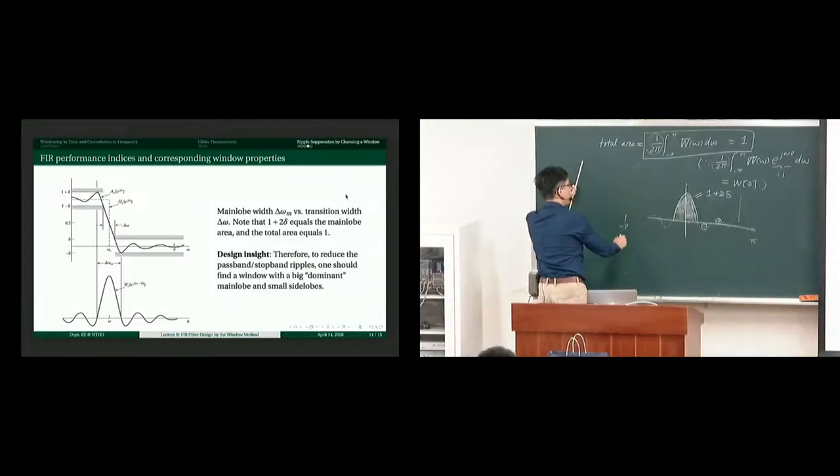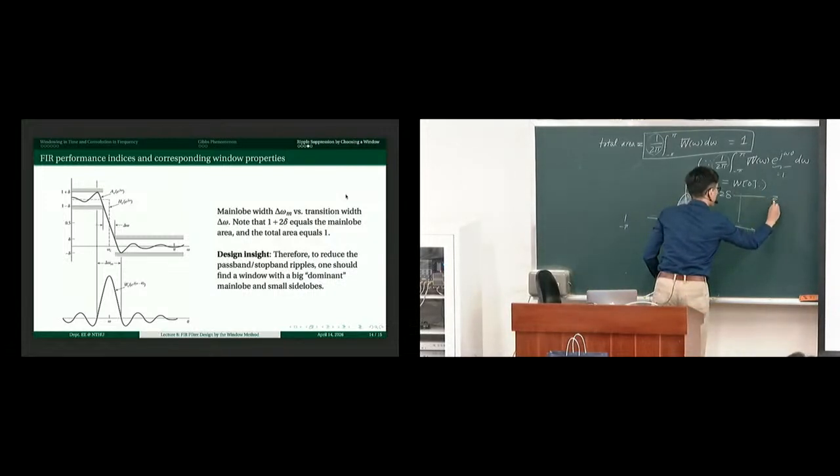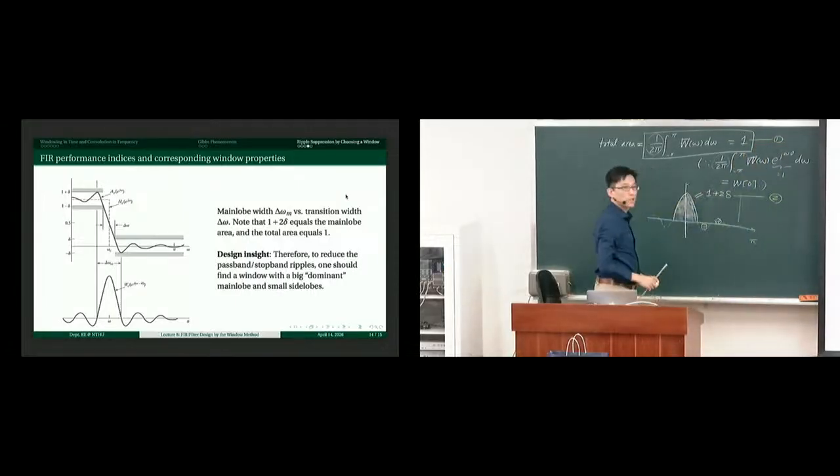Therefore, we have two areas. This is the main lobe area, and this is the total integration, the entire integration from minus pi to pi.